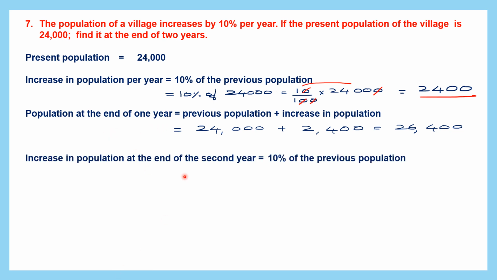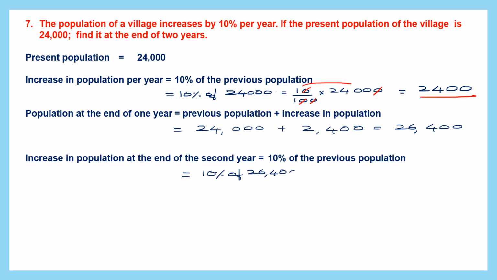Now, increase in population at the end of the second year is 10% of the previous population, just like this. So this will be 10% of 26,400.